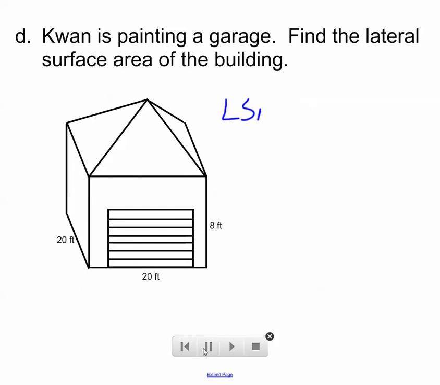So lateral surface area is the perimeter of the base times the height of the prism. The perimeter of the base is 80. How did I get that? 20, 20, 20, and 20. It's a square prism here, so 20, 20, 20 on the right side, 20 on the back. That's 80, and the height is 8 foot tall.